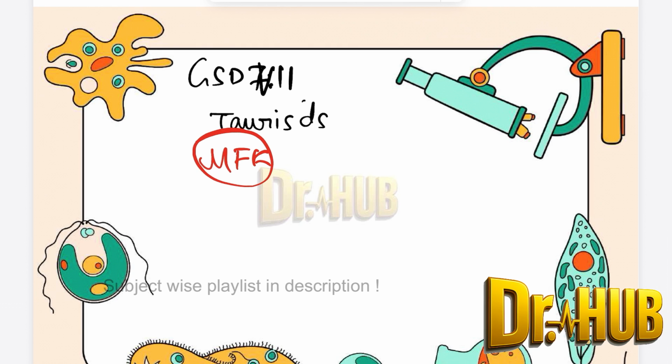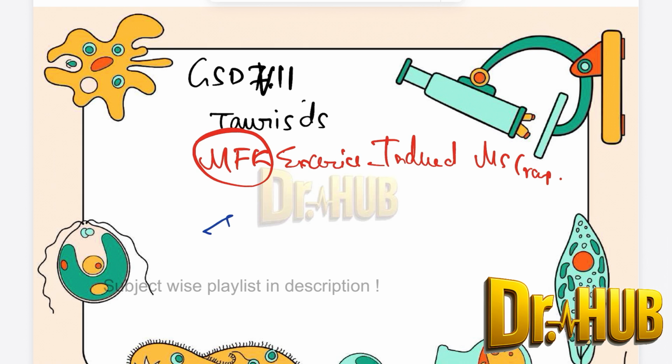McArdle disease was glycogen phosphorylase, whereas here it is muscle phosphofructokinase. There can also be growth retardation as well as hemolytic anemia.